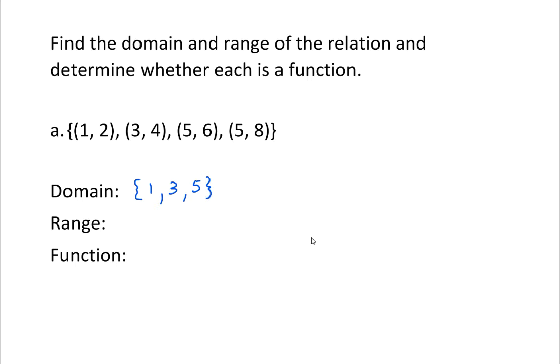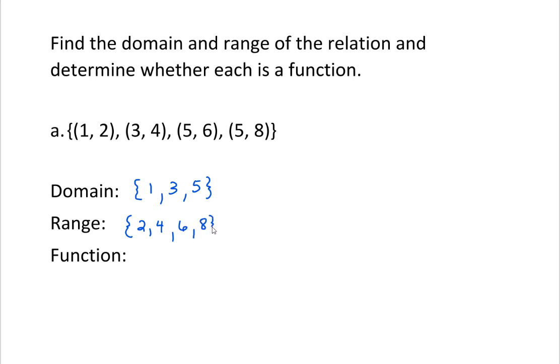So we only need to list each number once. And then our range would be all of the second numbers in the ordered pairs, or our y values. And that would be 2, 4, 6, and 8.